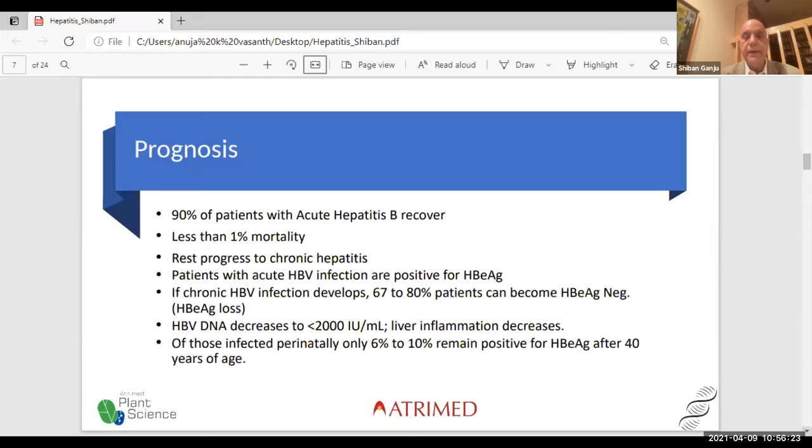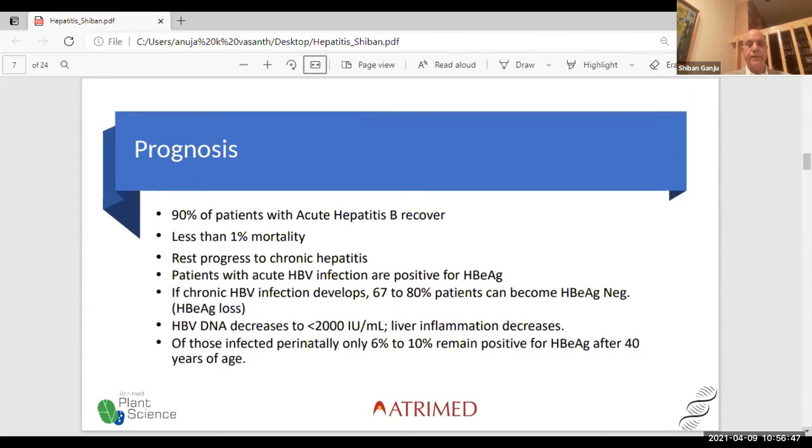They become E antigen negative. Normally, the DNA is less than 2,000 international units per ml, and about 20,000 is definitely a very active disease. So these are the measurable tests that we do in the blood routinely on hepatitis B patients. That's why I'm repeating these names and levels frequently.